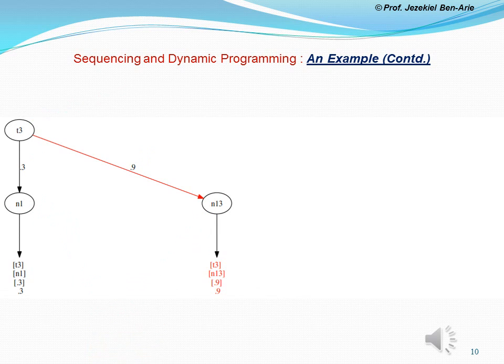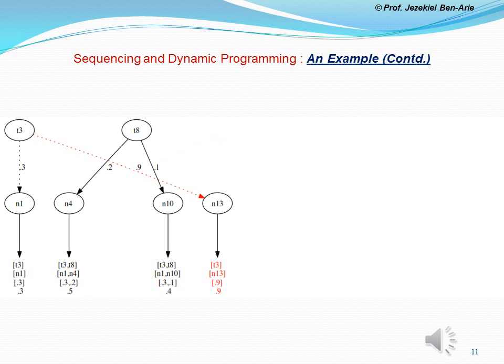So initially, the link with training sample N13 is chosen as it has a higher similarity measure compared to training sample N1. Now we have our second input sample, T8, which has 0.2 and 0.1 similarity measures with training samples N4 and N10 respectively.